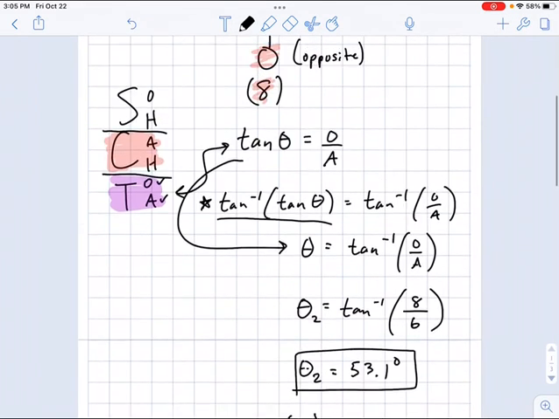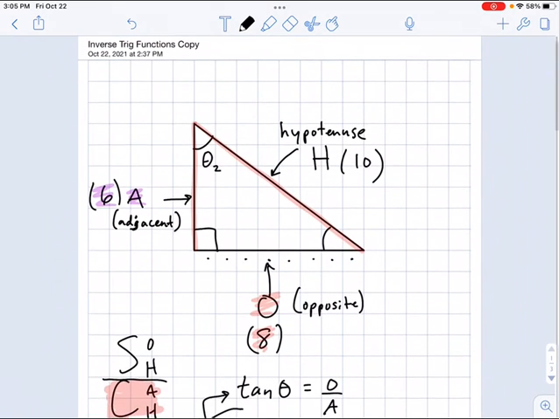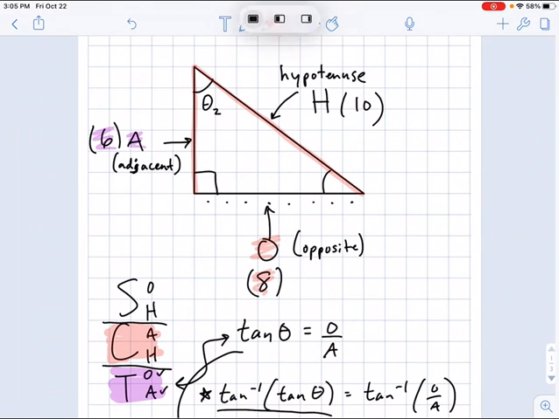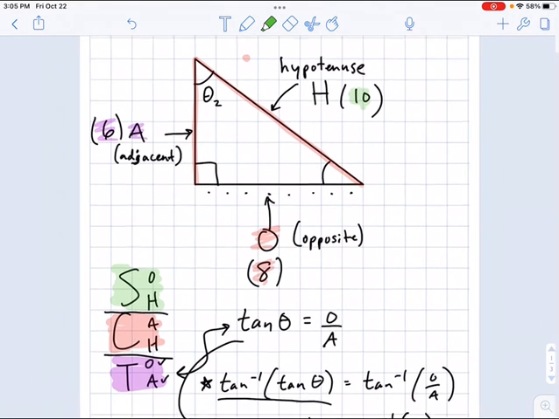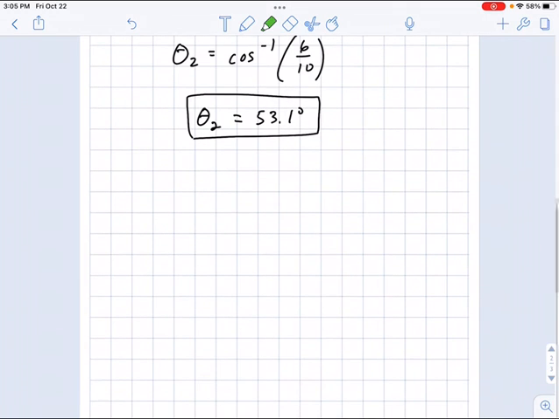Now, that was using the adjacent and hypotenuse. What if we wanted to use sine? Let's highlight that relationship right here, opposite and hypotenuse. Well, the opposite is 8, and the hypotenuse is 10. So let's write out our formula.